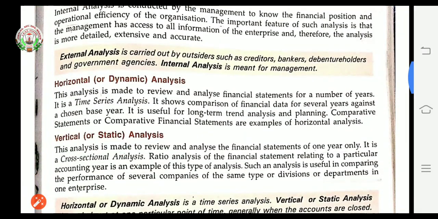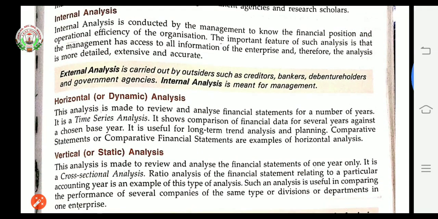Third is horizontal or dynamic analysis. This analysis is made to review and analyze the financial statements of a number of years. Review means to examine. Analysis means to think and to understand so that they can explain it. This review and analysis of the financial statements will be done for a number of years.